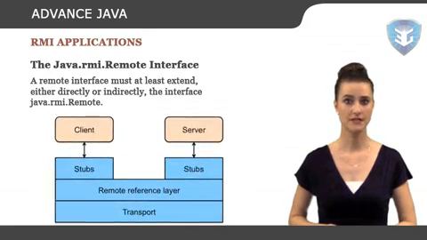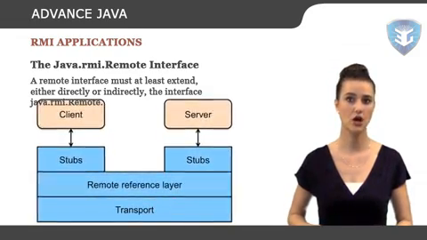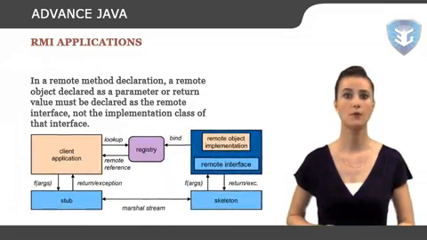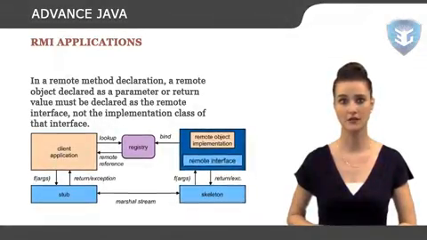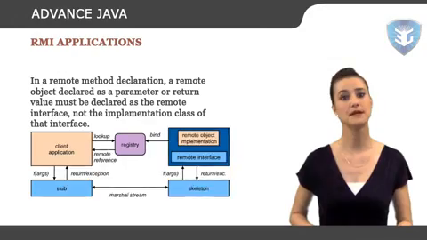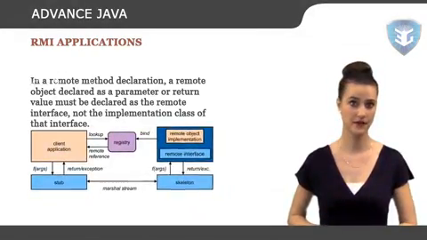A remote interface must at least extend, either directly or indirectly, the interface java.rmi.Remote. In a remote method declaration, a remote object declared as a parameter or return value, either declared directly in the parameter list or embedded within a non-remote object in a parameter, must be declared as the remote interface, not the implementation class of that interface.